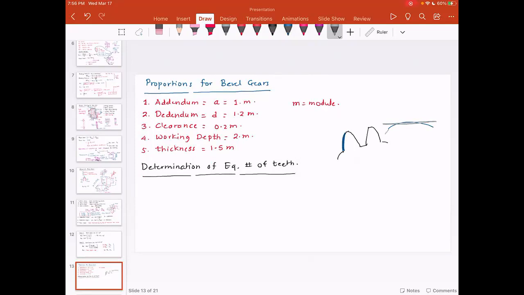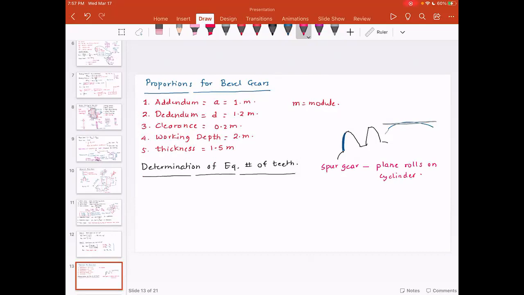However, in the case of bevel gear, a similar section would lie on the surface of a sphere. So this is important. For spur gear, your rolling plane rolls on a cylinder.